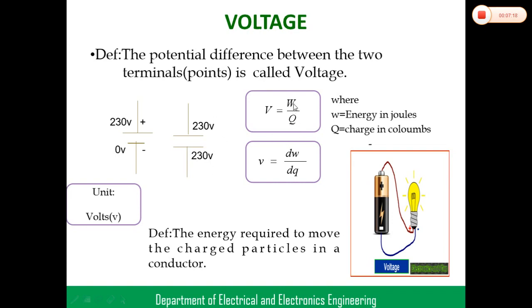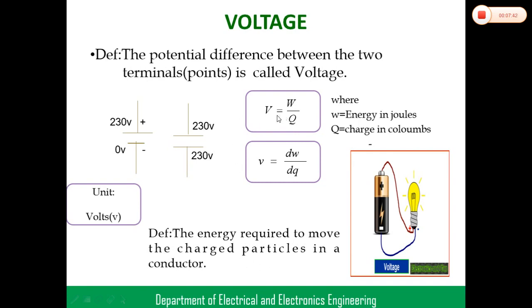That is, the energy required to move the charged particles. This is energy and this is charge. So another definition of voltage is the energy required to move the charged particles in a conductor.